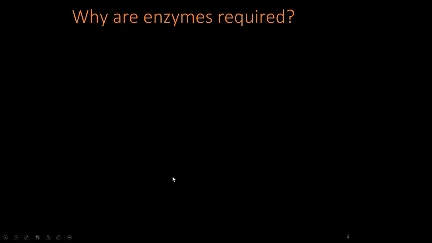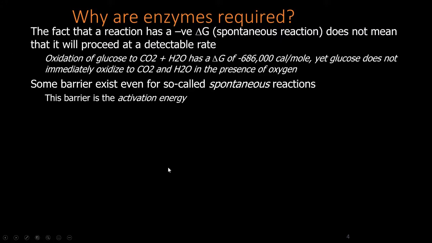That's the first question, and I want you to really think a second time. Actually, I will give you an example. Most of the reactions in the metabolic pathway, if you study, you will see are nearly spontaneous reactions. They have a negative delta G. Take the case of oxidation of glucose to carbon dioxide and water.